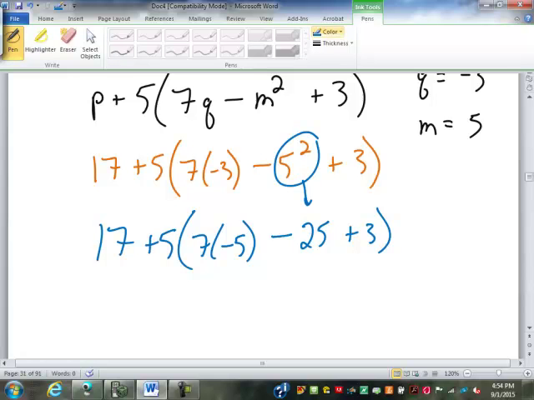Then what? 7 times negative, is that supposed to be negative? Yeah, times -3 is -21. And then -21 minus 25 is -21 plus a -25, or -46.